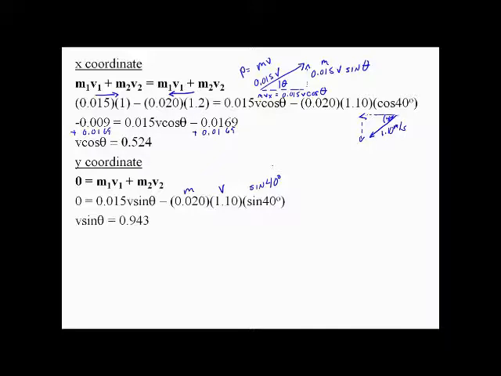So I do have two unknowns and two equations. We've got this equation. I'm going to divide the equations. Just like you can add equations and subtract equations, you can divide them. So I put v sine theta is 0.943 over v cosine theta is 0.524, because then the v's cancel.